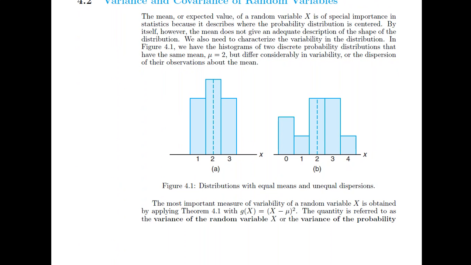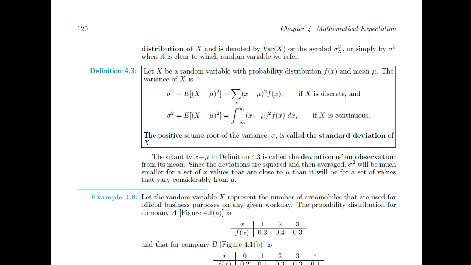The quantity is referred to as the variance of the random variable X or the variance of the probability distribution of X, and is denoted by Var(X), or the symbol σ²_X, or simply by σ² when it is clear to which random variable we refer.